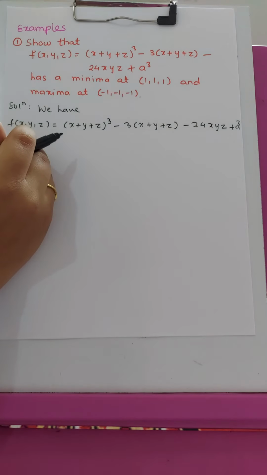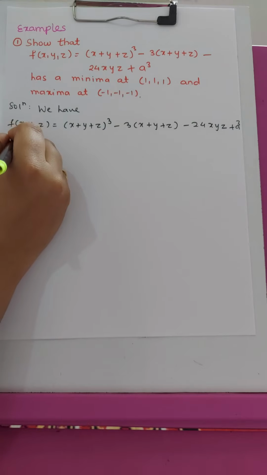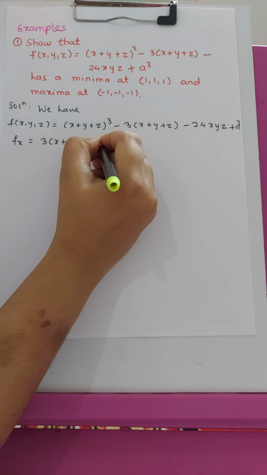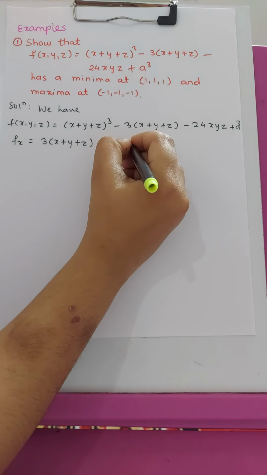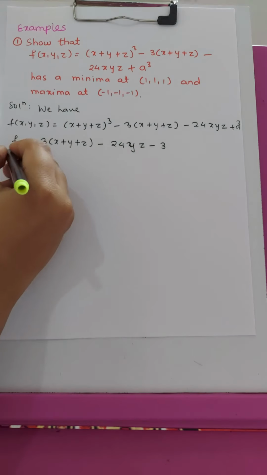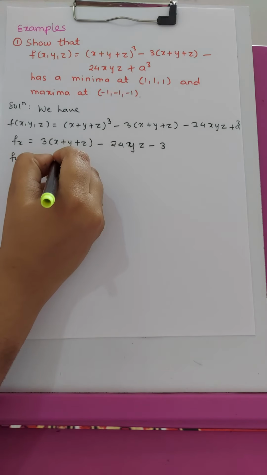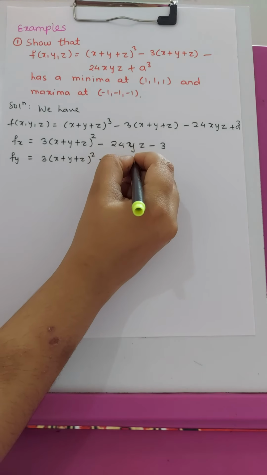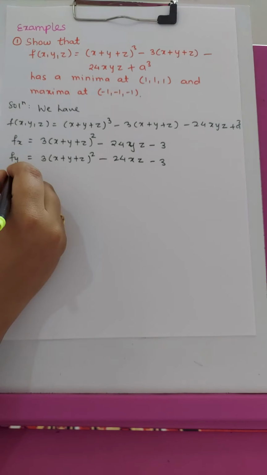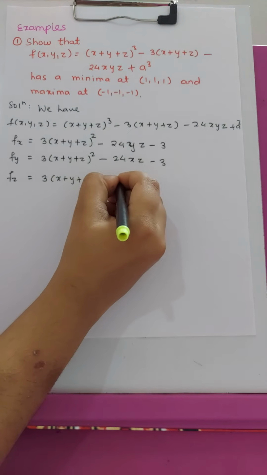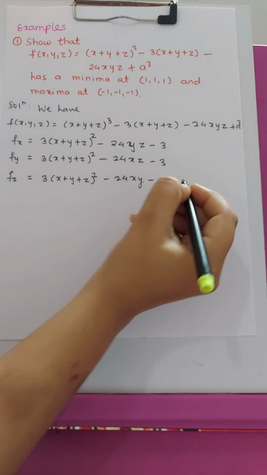Now we will find the partial derivatives of f with respect to x, y and z. So fx is 3 times x plus y plus z whole square minus 24yz minus 3. Similarly fy is 3 times x plus y plus z whole square minus 24xz minus 3, and fz is equal to 3 times x plus y plus z whole square minus 24xy minus 3.